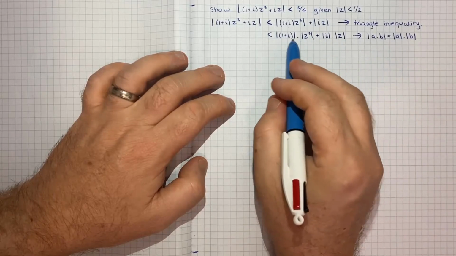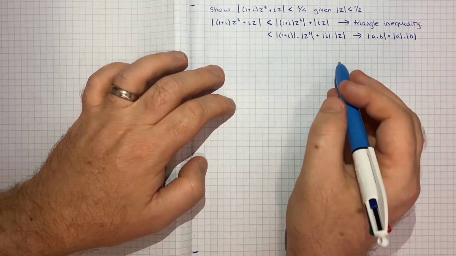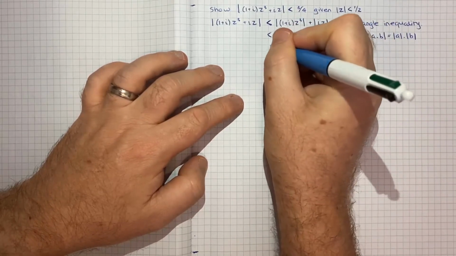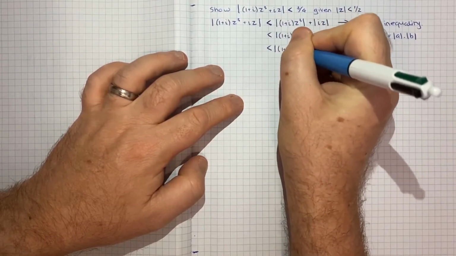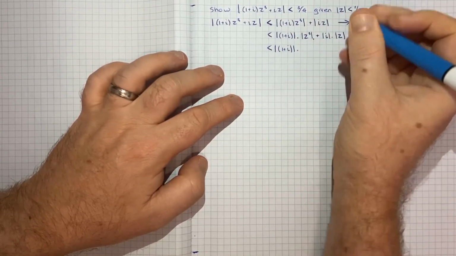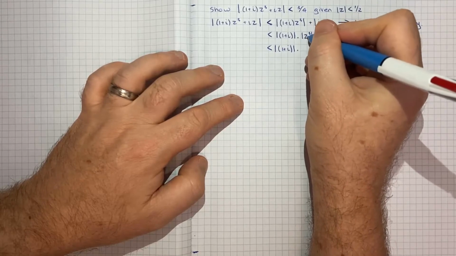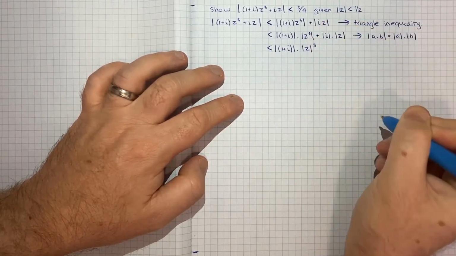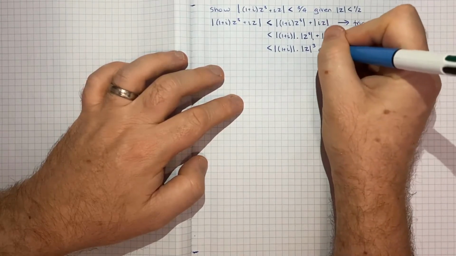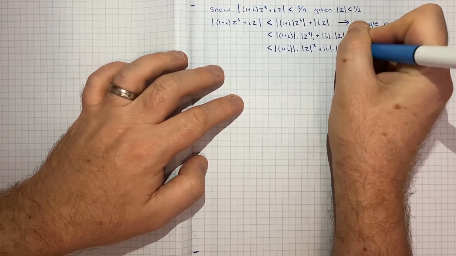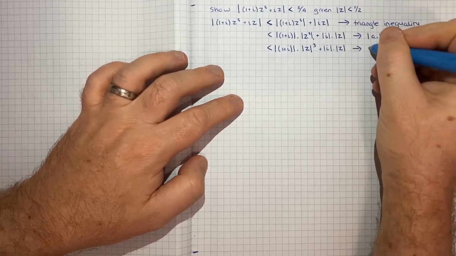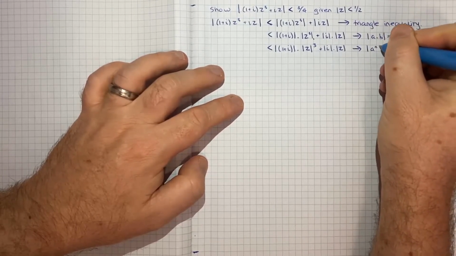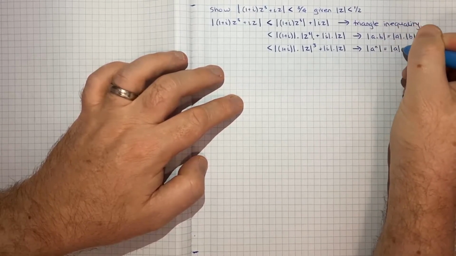From here, just to simplify this a bit further, that will be less than the modulus of 1 plus i times, and here we can write the modulus of z cubed is the same as the modulus of z all cubed, plus the modulus of i times the modulus of z. So that's using the result, the modulus of a to the n is equal to the modulus of a to the power of n.